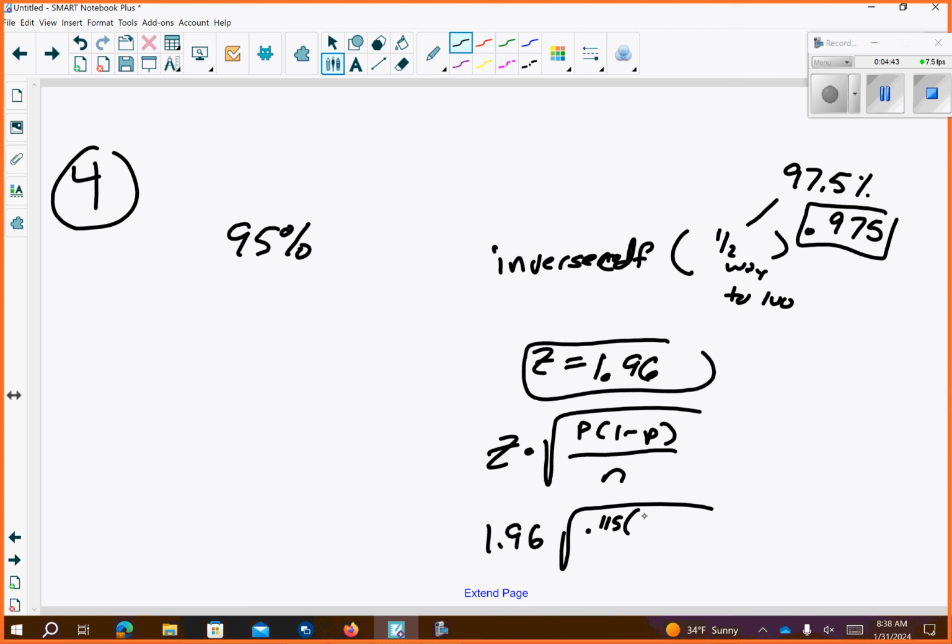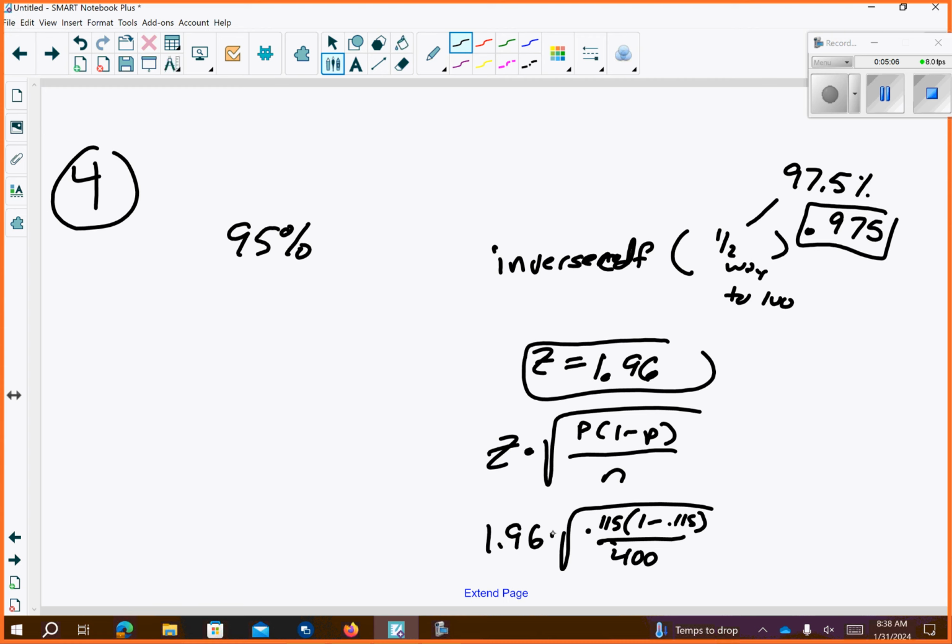And then this is going to be 1 minus 0.115. And our sample size was 400. We got that 0.115 because we took our 46 out of 400. 46 out of 400 is 0.115. So that's going to work out nicely to plug this in. And then remember, that's multiplied right there. Is that okay so far?